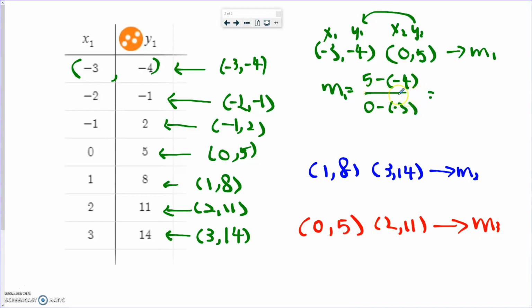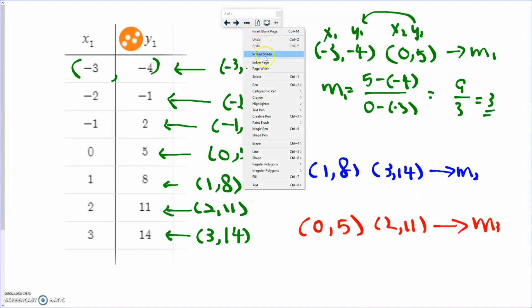Then I'll get a nice 5 plus 4. Remember that a double negative turns into a plus. 9 over the double negative turning to a plus, 3. 9 divided by 3 is 3. So for my m1, if you can do the subtraction of a negative and divide 9 by 3, we'll get a nice slope, 3.